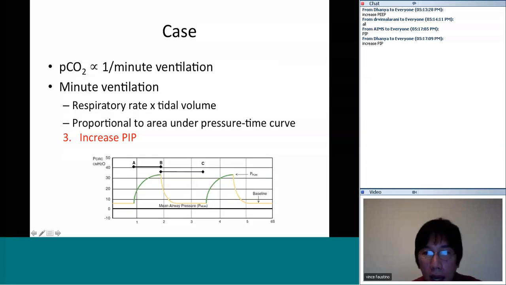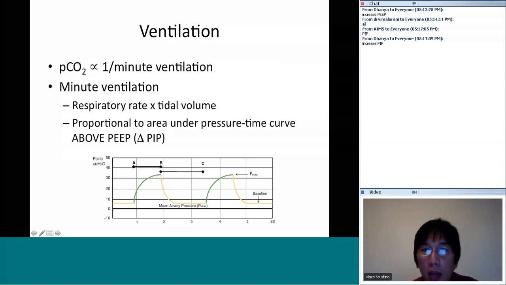So going back to the pressure time curve. Initially I said that for oxygenation, what you're dealing with is the mean airway pressure. But when you're talking about ventilation, what you're dealing with is all the area above the PEEP.